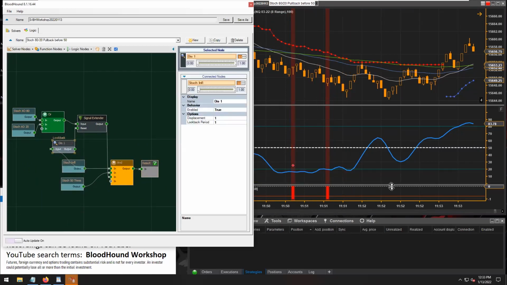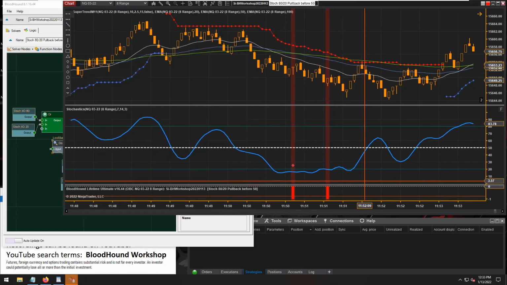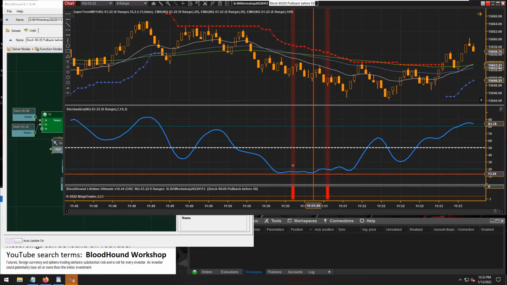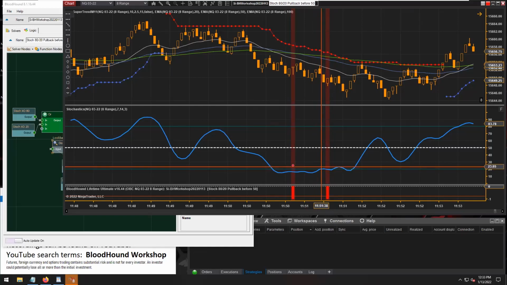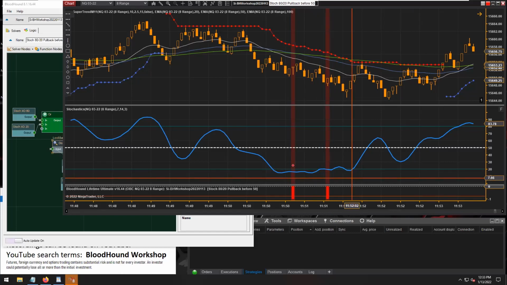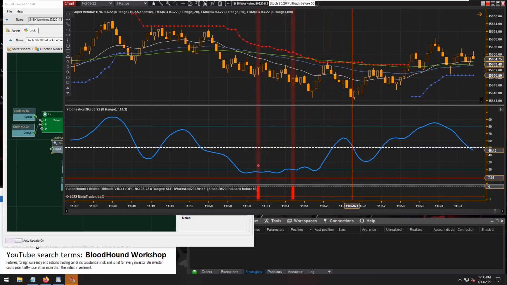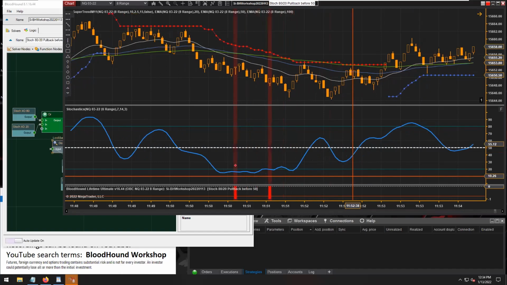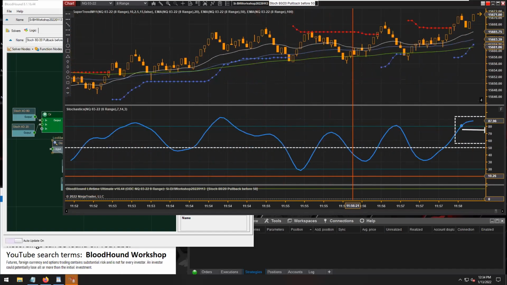So there we have it, simply put. Let's take a look. What happened here is the stochastic crosses above 20 and then crosses down below 20 again, and so it starts the process over again. So this is just a very simplistic pullback without any other further filtering.